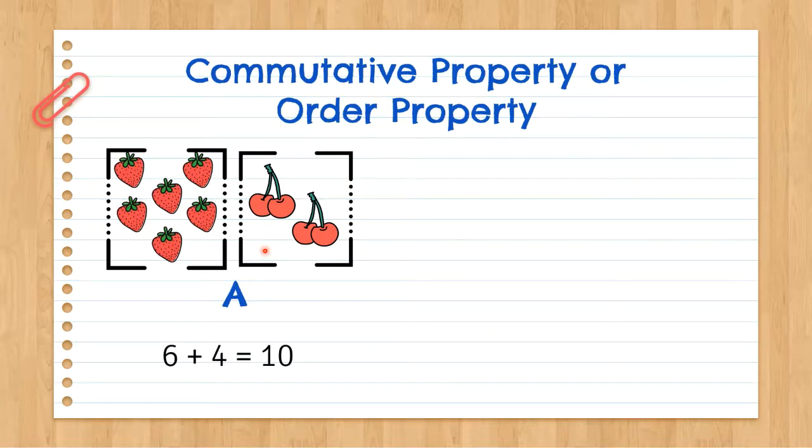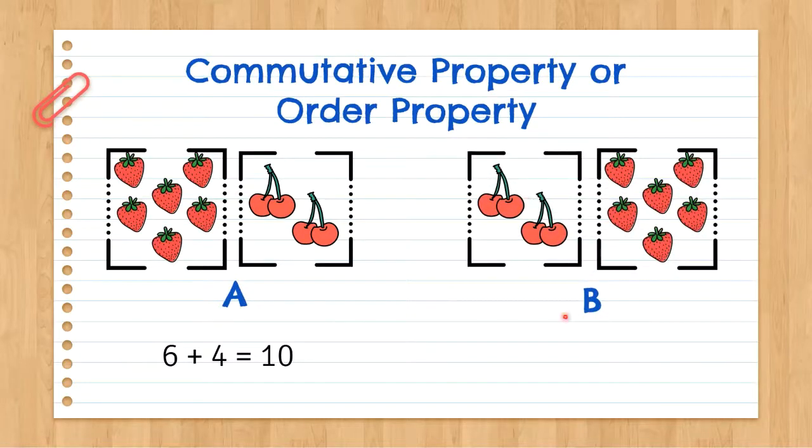Now, what if we follow the order property of addition and we change the position of the two addends? We're going to have in set B, in the first box we have 4 cherries, and in the second box we have 6 strawberries. Now, how many fruits do we have all together? Correct, it's still 10. So if we write it in addition sentence, it can be written as 4 plus 6 is equals to 10.